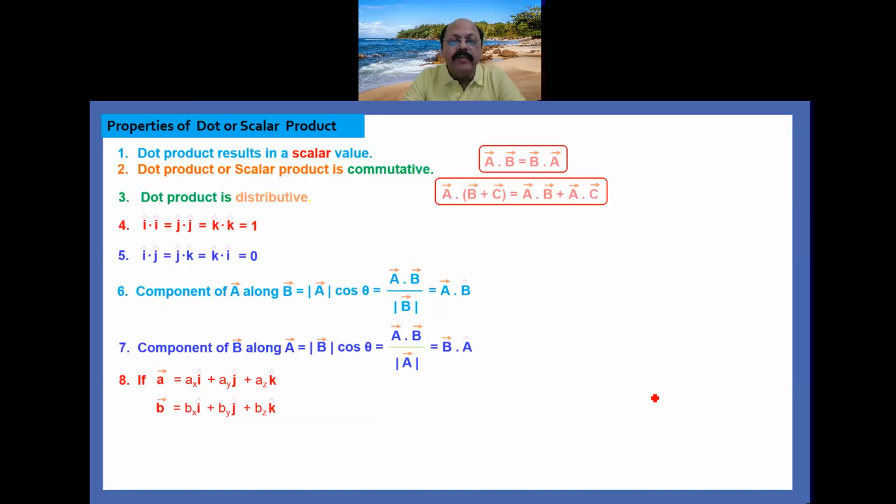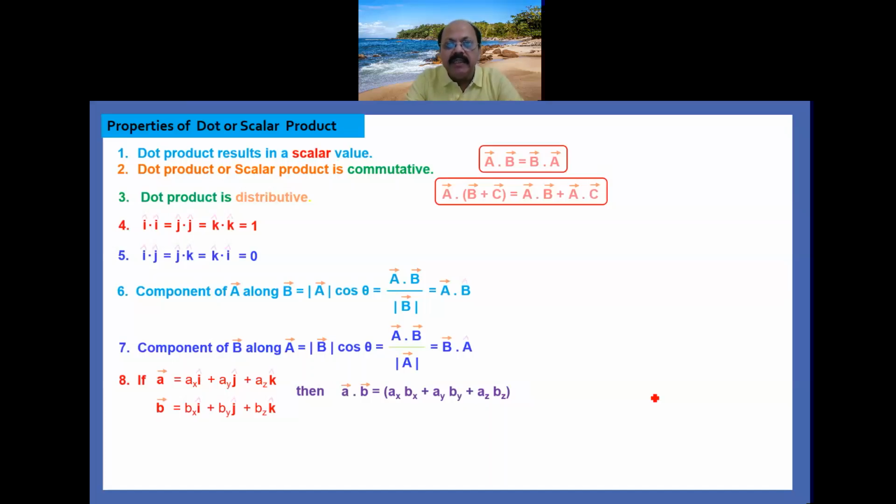Now the dot product in terms of the Cartesian coordinates. If we say that A vector equal to ax i cap plus ay j cap plus az k cap, and the second vector is b vector equal to bx i cap plus by j cap plus bz k cap, when we take the dot product of these two vectors, a vector dot b vector, it comes to be ax bx plus ay by plus az bz, because i cap dot i cap is 1, i cap dot j cap is 0.